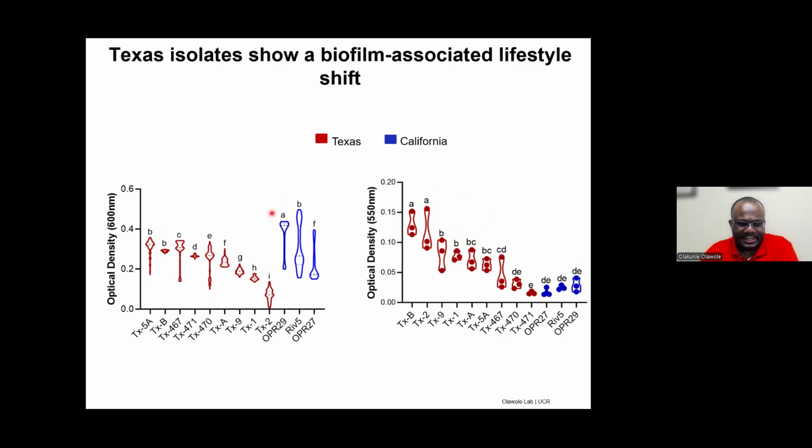But the California strains, which exhibited higher planktonic growth, exhibited much lower biofilm formation. So this inverse relationship between growth and biofilm formation suggests alternative ecological strategies.